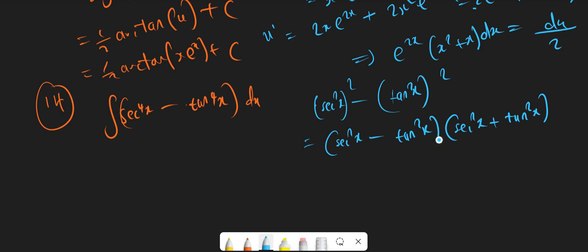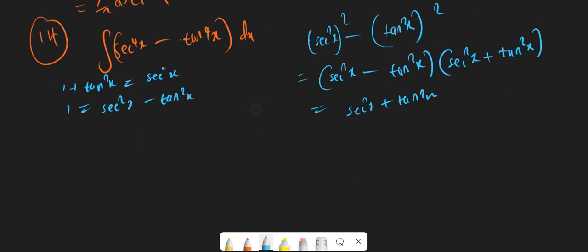Because 1 plus tan squared x is secant squared x, 1 equals secant squared x minus tan squared x. So this will just be secant squared x plus tan squared x. So this integral I is equal to the integral of secant squared x plus tan squared x dx. Now what can we do here?